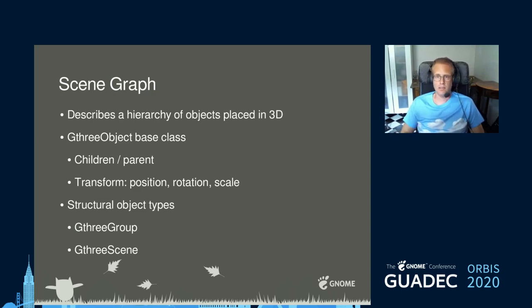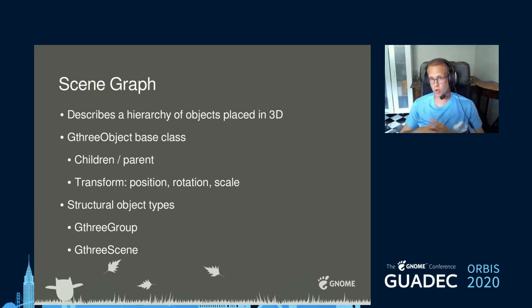The equivalent of a widget is a GThree object, which is a base class that defines the child-parent hierarchy, and it also has a transform. So every object transforms itself and its children recursively. The outermost thing affects all the things inside it, which can then have further transforms.